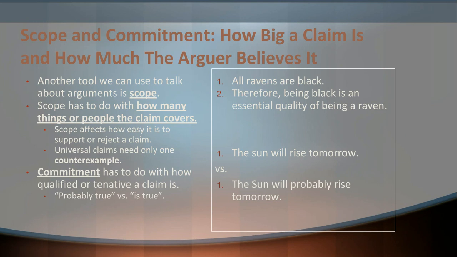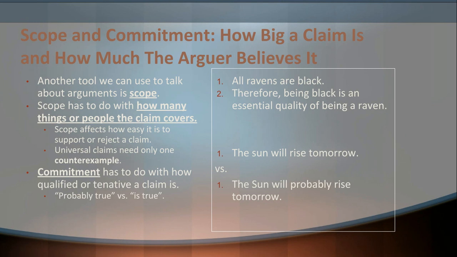Now, the scope of a claim is literally how big that claim is, not in the size sense of how big is it written or how loudly was it said, but rather how many things or people does that claim cover and talk about. And here we can have different scopes ranging from the universal, saying that all of X, Y, or Z is a certain way, all the way down to the individual. You and only you are XYZ.